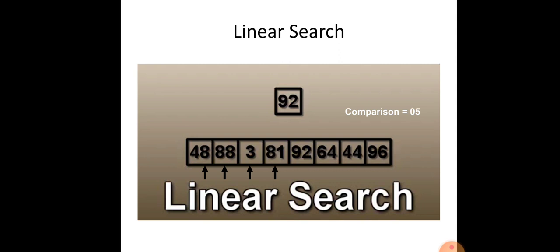Then we go through a[0], a[1], a[2], and a[3]. a[3] doesn't match the key value, so we move to a[4]. a[4] stores the value 92, the key value we are going to search for in the list. So it is found, the search is successful, and it returns the value 92.